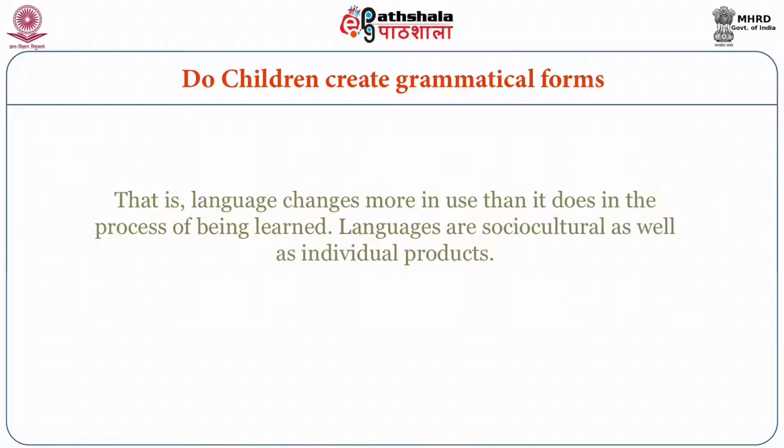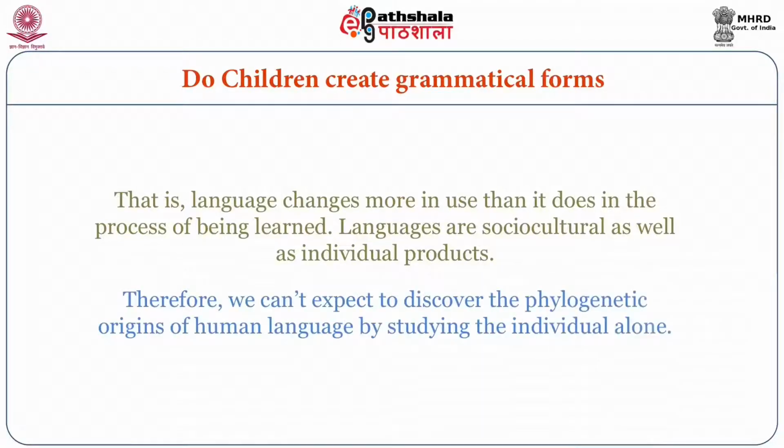That is, language changes more in use than it does in the process of being learned. Languages are socio-cultural as well as individual products. Therefore, we can't expect to discover the phylogenetic origins of human language by studying the individual alone.